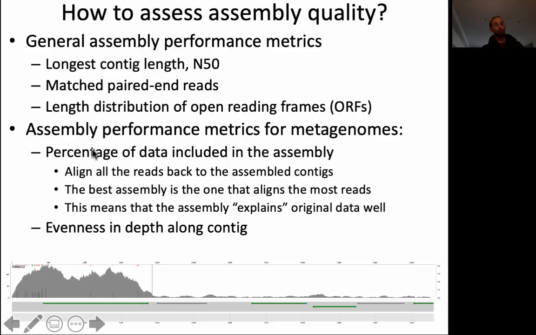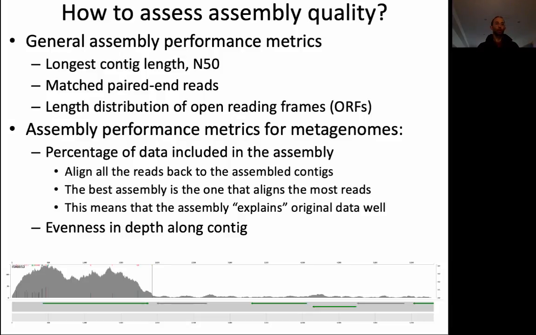And this is the percentage of the data that is included in the assembly. This is an important measure because for a metagenome, we want the assembled contigs to well represent all of the data that is present in the original metagenomic sample. So we want to represent the microbial community well.